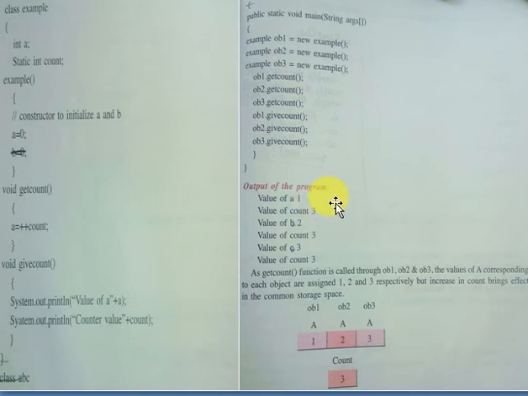Since all three have been called once, when I call giveCount, A will be 1 and count is 3. Next time when I call ob2.giveCount, ob2's A will be 2, but count will be 3 only. Count is common for them. When I call it for ob3, yes, the value of A is 3, count value is also 3.